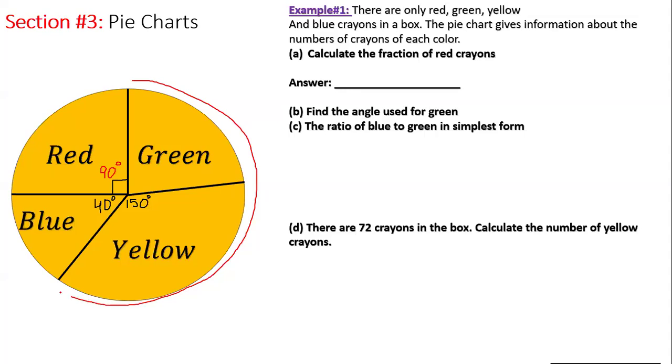Angles around a point. 360 degrees. So angles around a point add up to 360 degrees. That's a complete revolution. So it's going to be 90 over 360, which is a quarter. Excellent. So we have to simplify it, right? We're going to divide top and bottom by what?